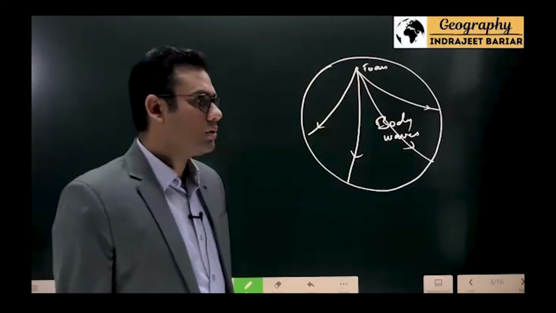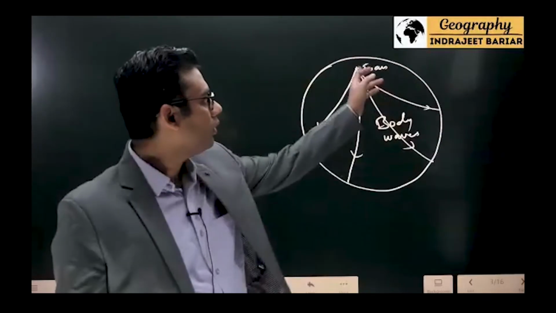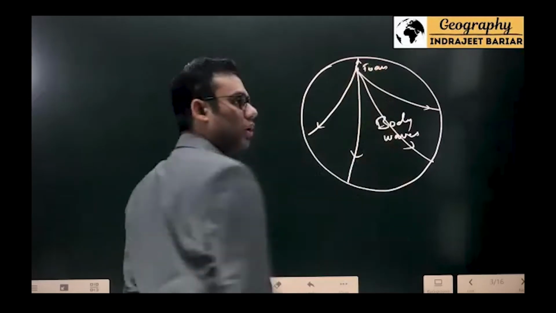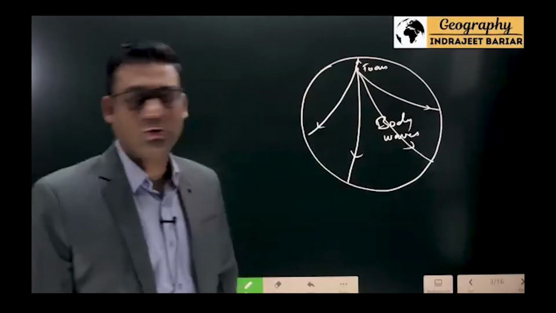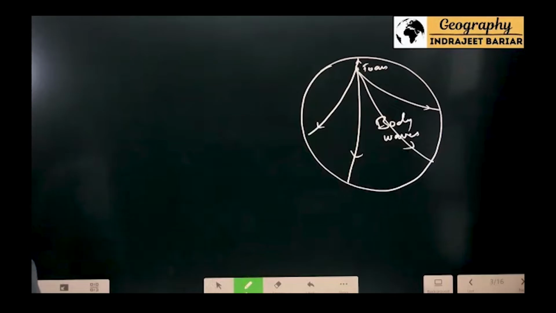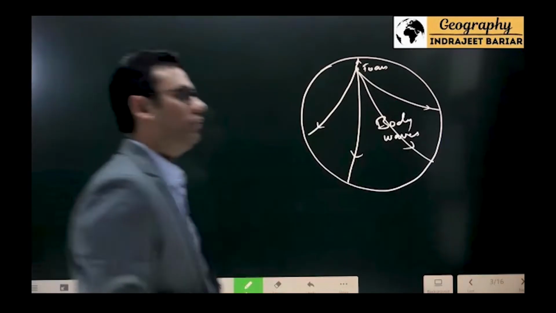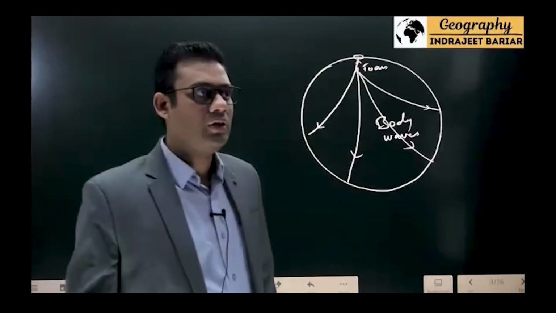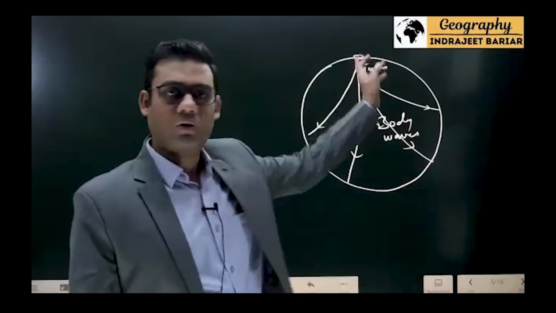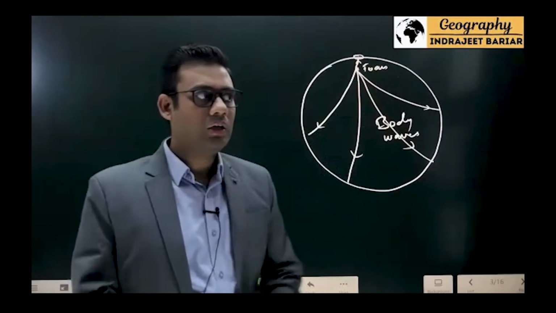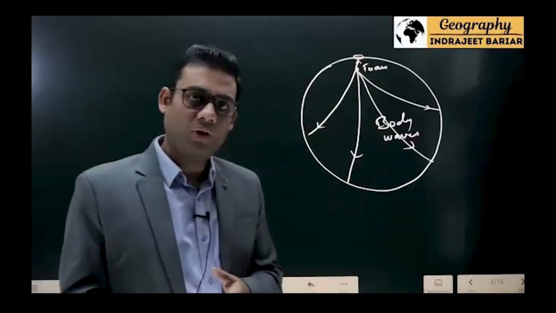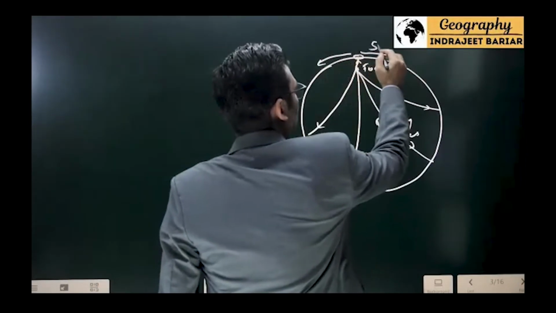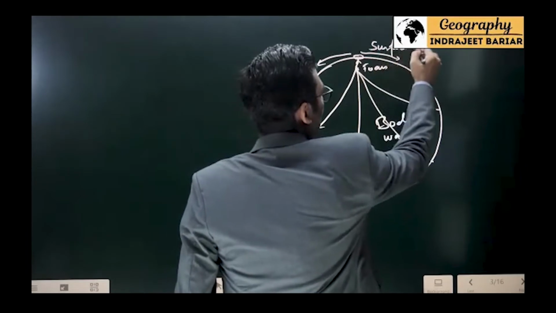Secondly, as these body waves reach the surface of the Earth, they are able to interact with the rocks over here. So when these body waves interact with the rocks of the lithosphere, they give rise to another set of waves which travel along the surface, and these are the ones that we call surface waves.